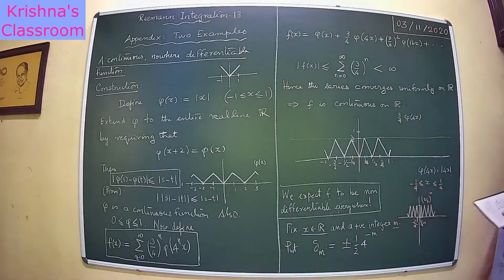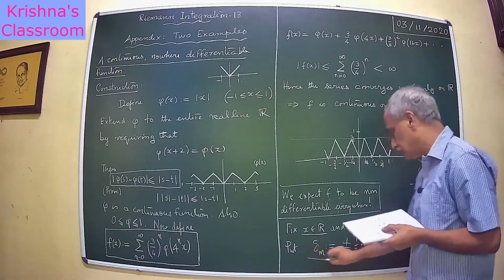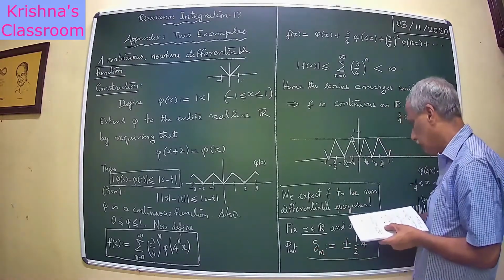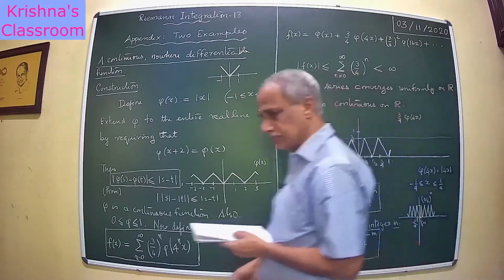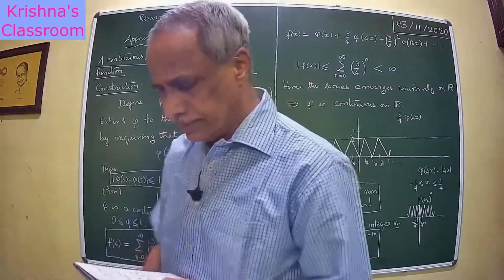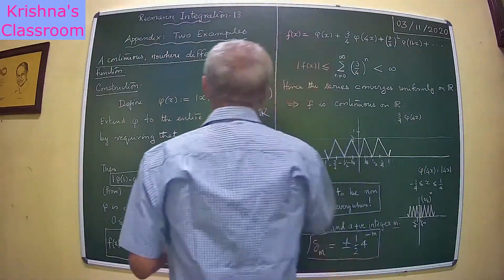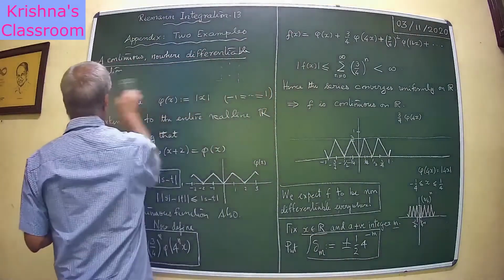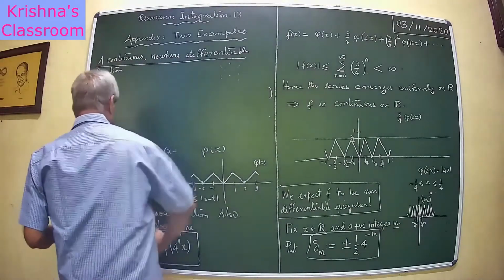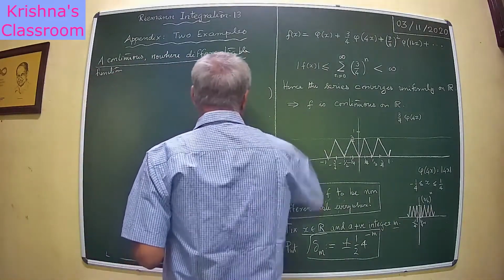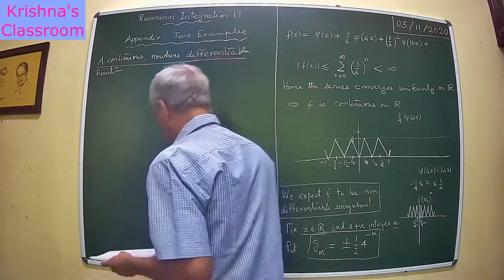So we have already fixed the number. Now how do we choose the sign? So we have to fix the sign also. We do it as follows.